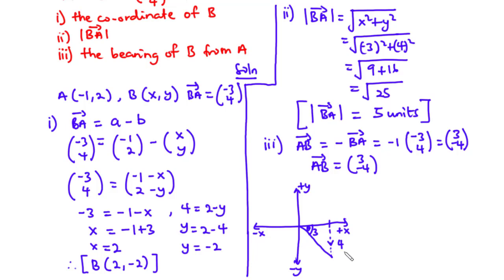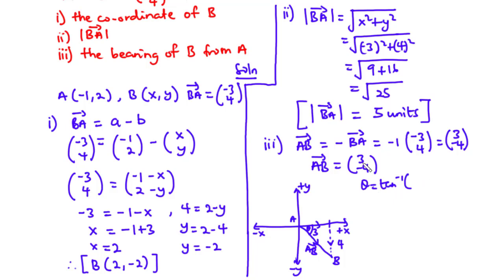Now let's find the angle theta. Let me indicate the vector AB. This is point A and this is point B. We are finding the bearing of B from A. Theta is equal to tan inverse of the y component divided by the x component.